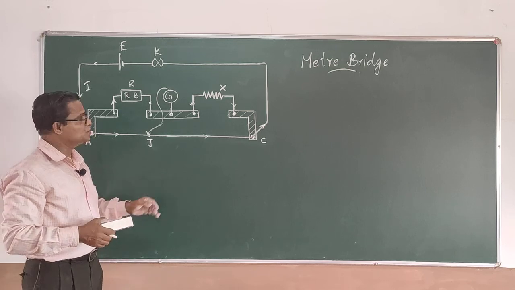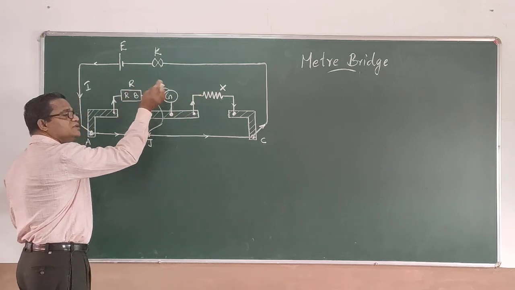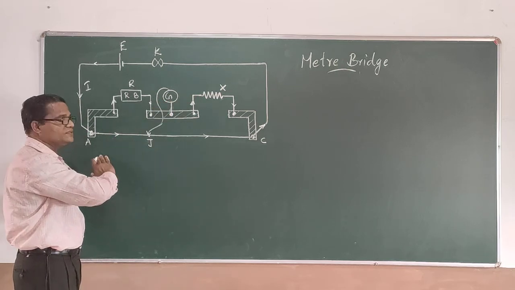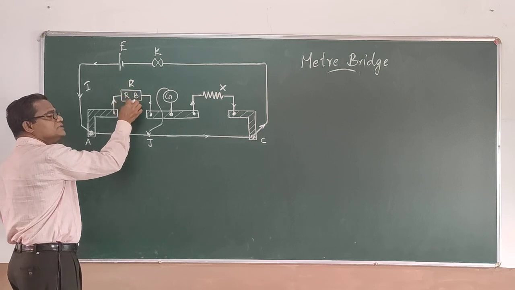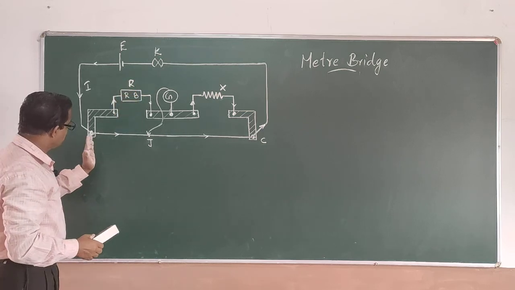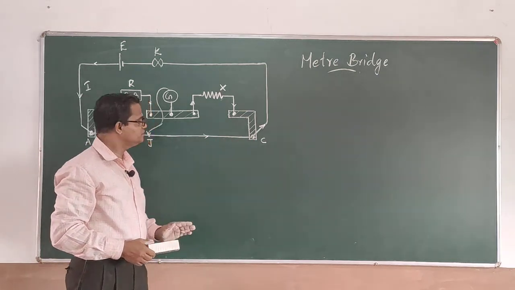So, to begin that process, you check the correctness of the circuit and all that. Now I introduce a resistance R in this box, and I start moving the jockey from A to C slowly.